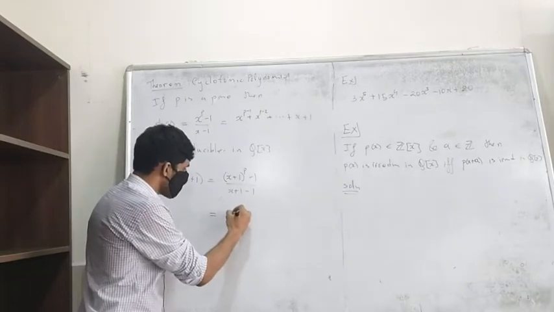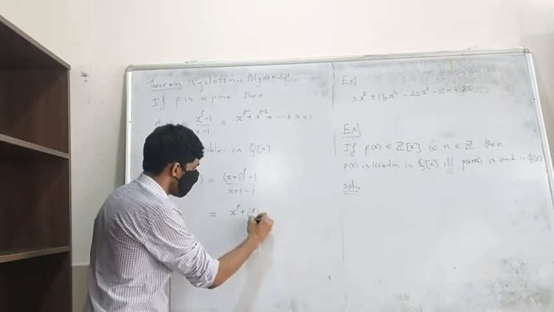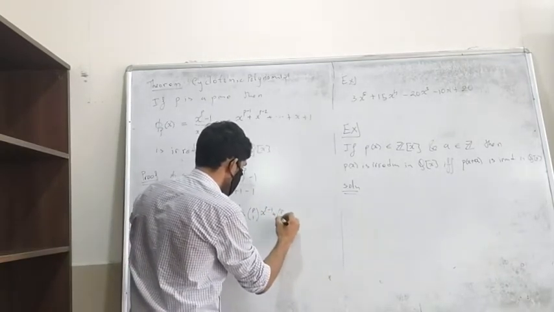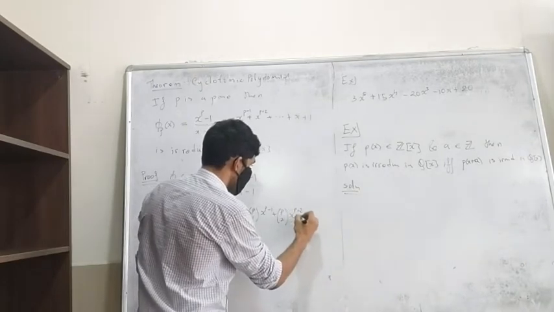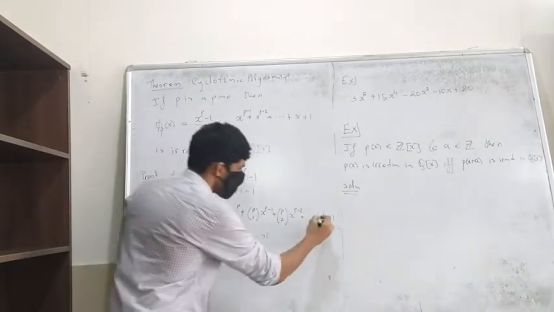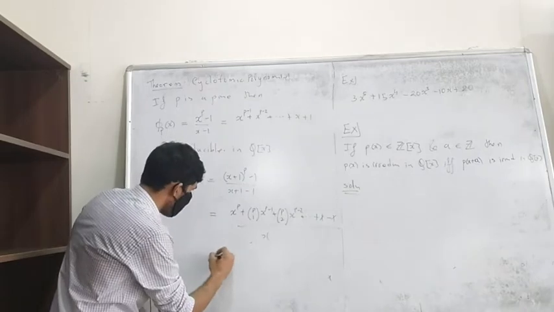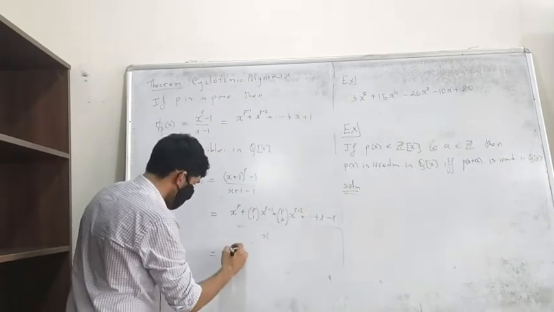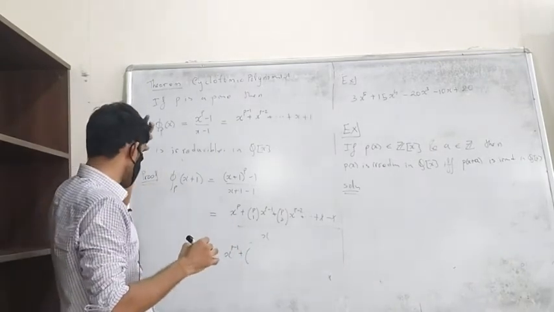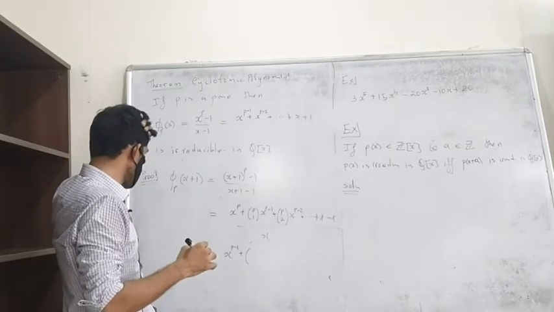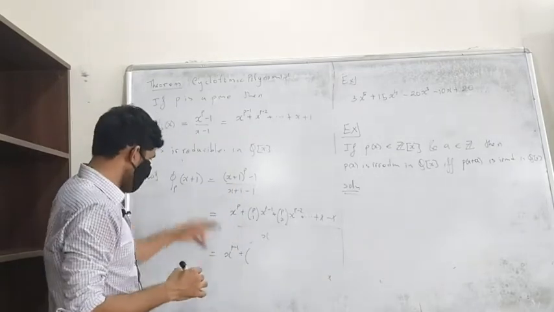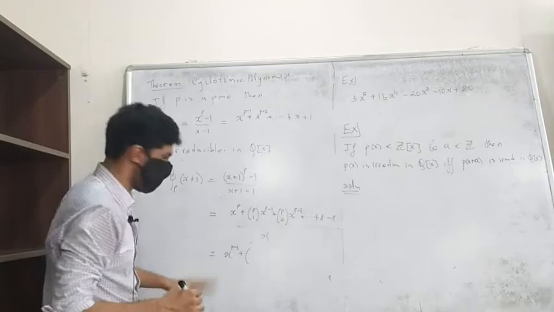So this is x raised to p plus pc1 x raised to p minus 1, plus pc2 x raised to p minus 2, plus up to 1, minus 1, divided by x. The 1 and 1 will get cancelled, and you can cancel out the x. You can do all of this argument as long as x is non-zero. If x is 0, then you can check that it works anyway.